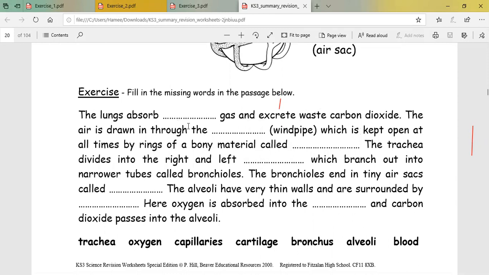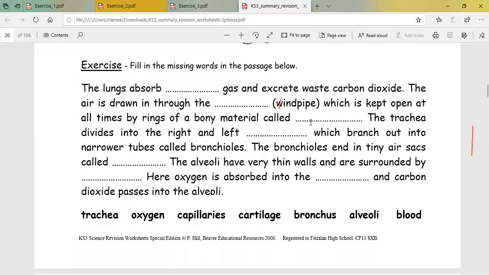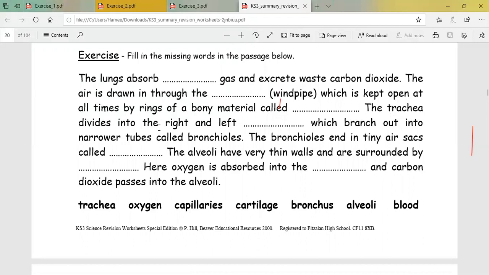The air is drawn in through the windpipe, which is called the trachea, which is kept open at all times by rings of a bony material called cartilage. The trachea divides into the right and left bronchi, which branch out into narrow tubes called the bronchioles.